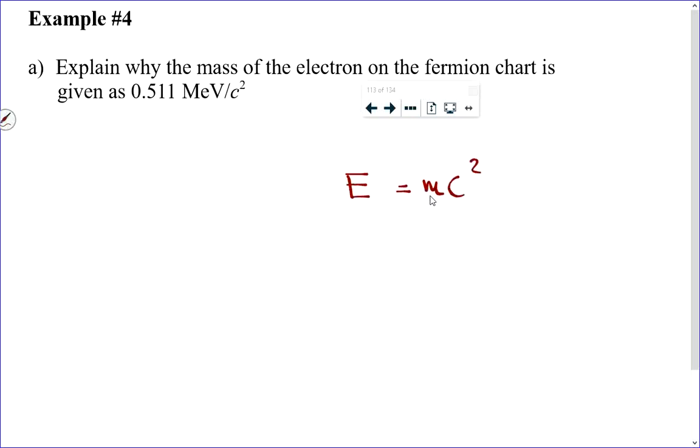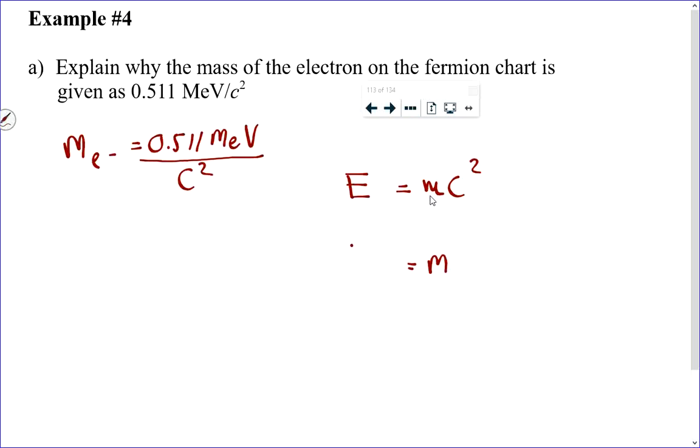And I'm being a little crafty here. I've dropped the delta. I'm not talking about delta. I'm using a different interpretation of this to mean an energy has an equivalent mass. And this is saying the mass of the electron is 0.511 million eV divided by the speed of light squared.